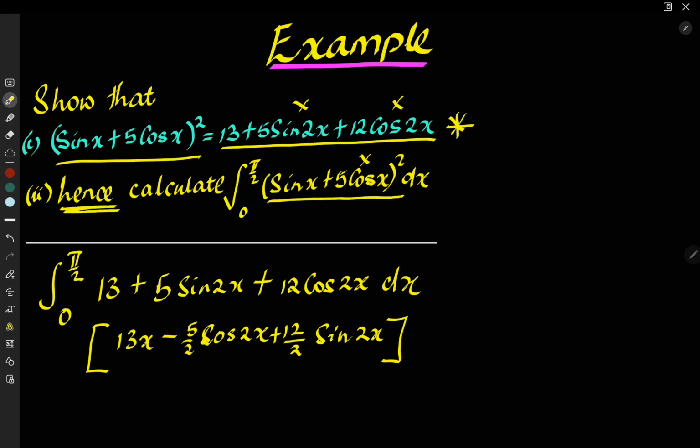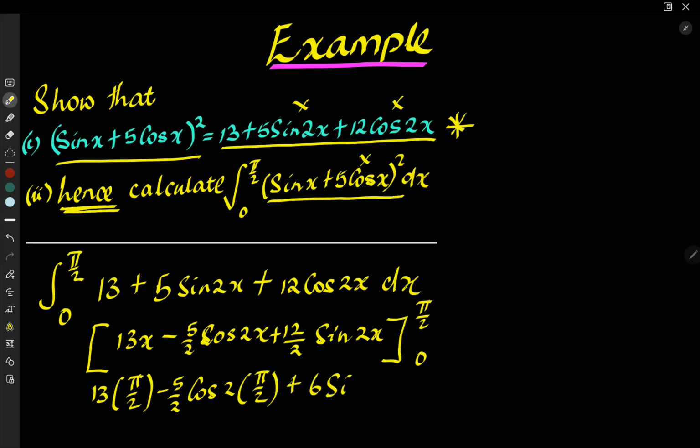Then we close. Then we put our limits. So there is no constant because it's a definite integral. So that would be from 0 to pi over 2. Now we do the function of pi over 2 minus the function of 0. So that will be 13 bracket pi over 2 bracket, minus 5 over 2 cos 2 bracket pi over 2 bracket, then plus 12 over 2 is actually 6, so that will be 6 sine 2 bracket pi over 2 bracket.